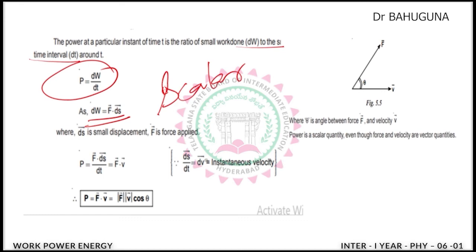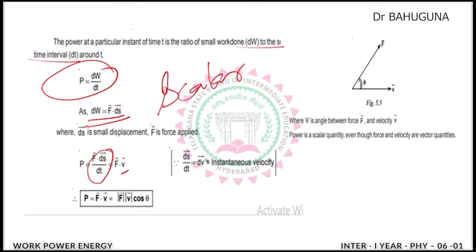Therefore, power is equal to F bar dot ds by dt. ds by dt is called velocity. So, power is equal to F bar dot v bar, or it is equal to modulus of F into modulus of v into cos theta. Theta is the angle between force and velocity.